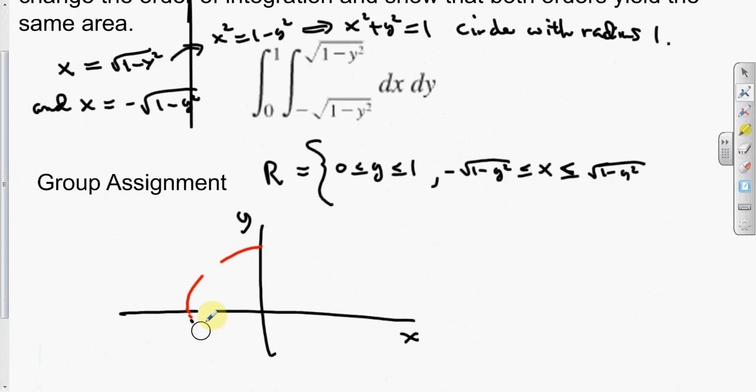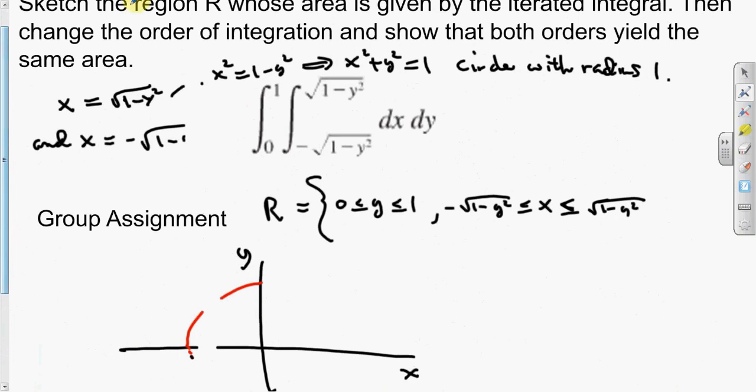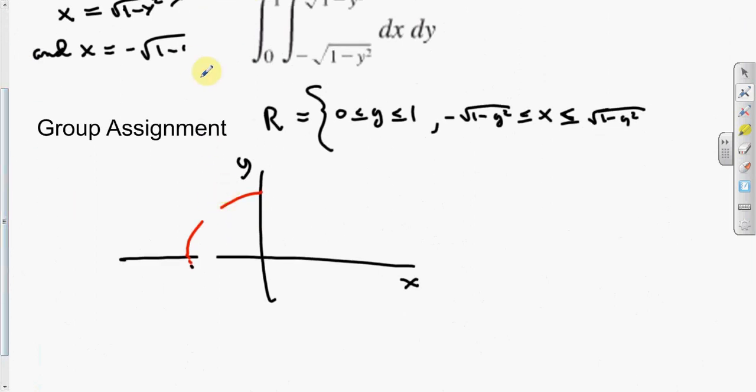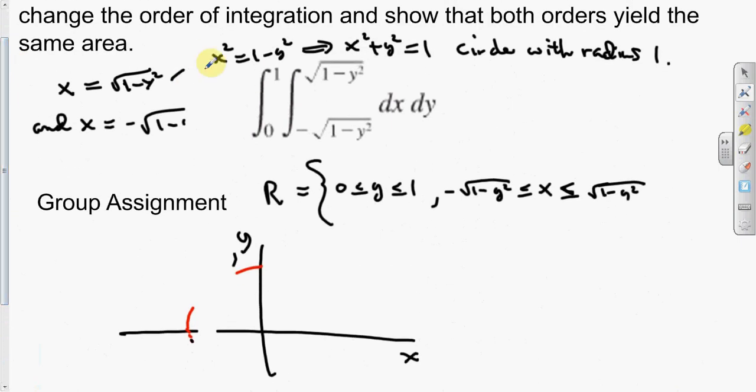I don't know why it is doing this. Okay, let's see.